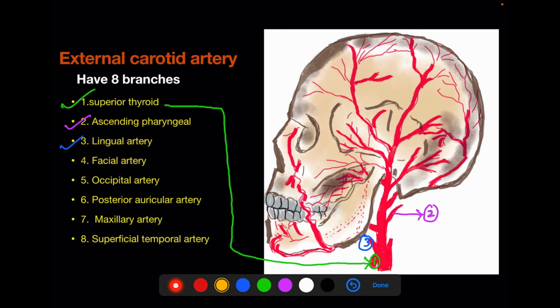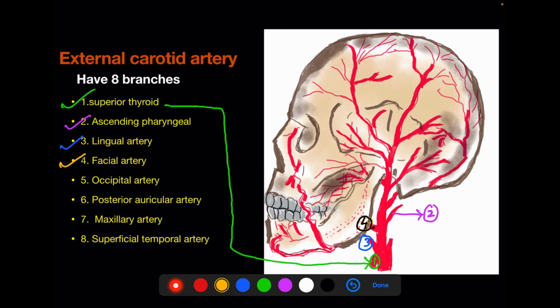Next is the facial artery, which is just beside the lingual artery. I am using yellow for this. I have to use black, it's not visible here. This one is the facial artery.